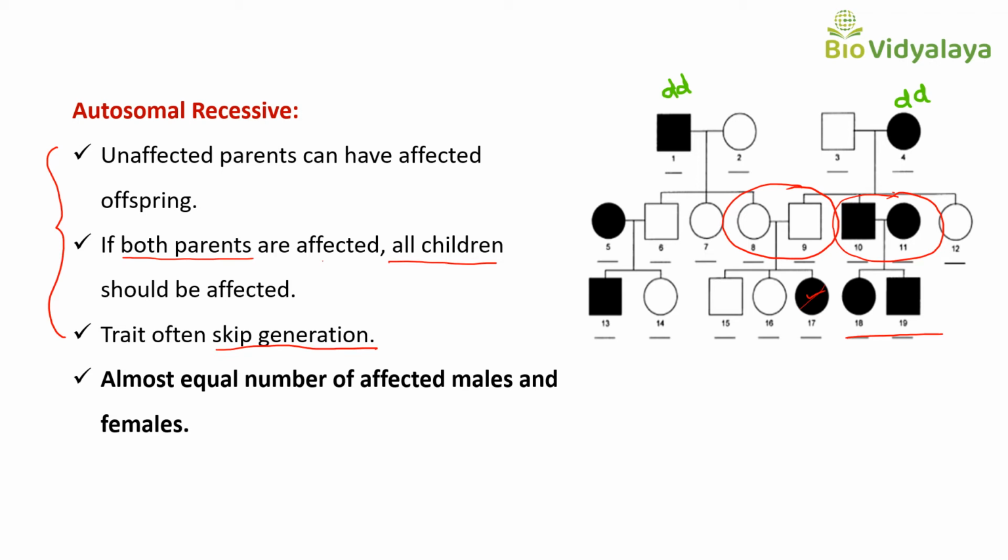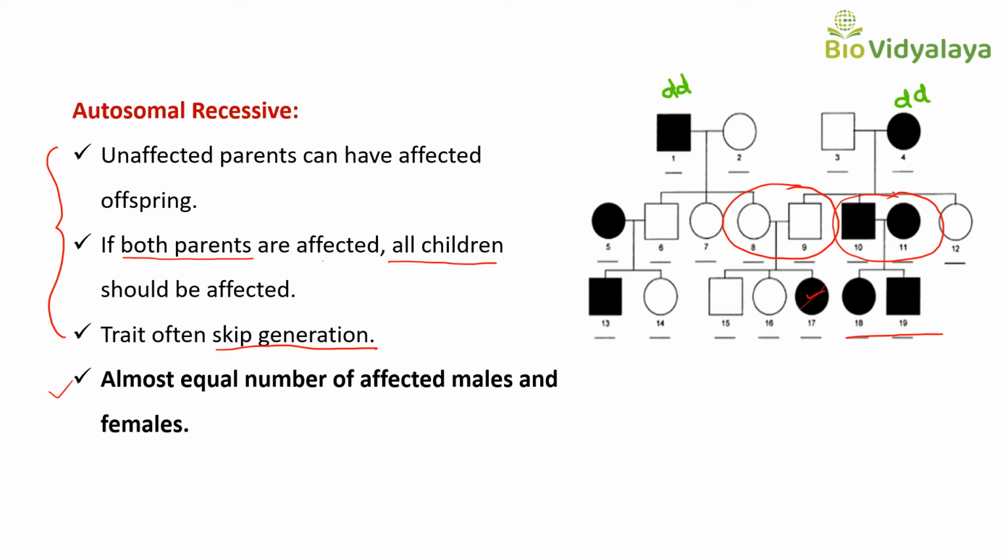And this fourth point is for autosomal recessive. That means almost equal number of affected males and females. If it is autosomal, then you have to check whether it is affected both males and females equally or not.